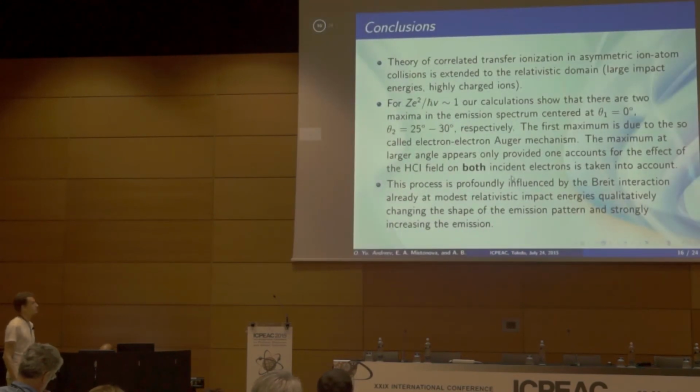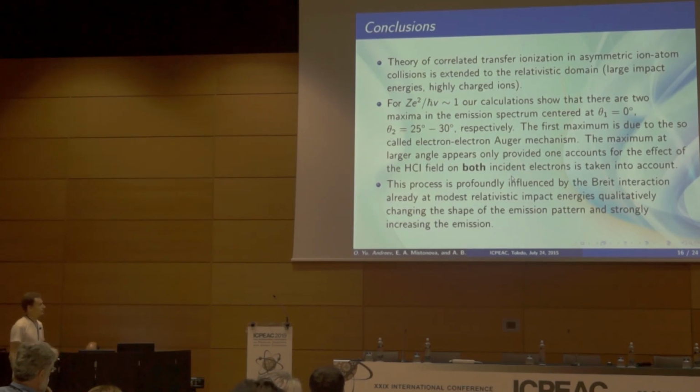And so I come to conclusions. The theory of correlated transfer ionization in symmetric ion-atom collisions is extended to the relativistic domain. For the considered collision systems, there are two maxima centered at 0 and 25-30 degrees. The first maximum is due to the so-called electron-electron Auger mechanism.